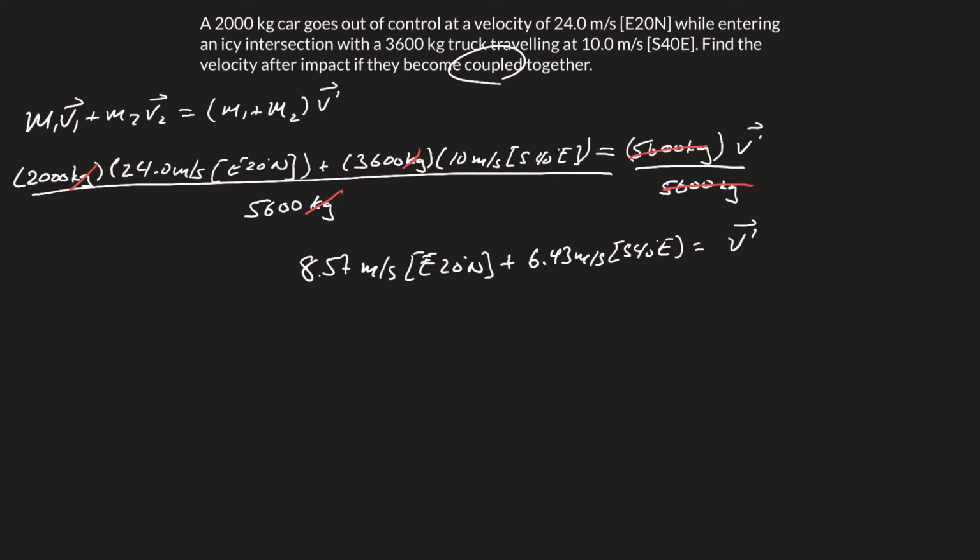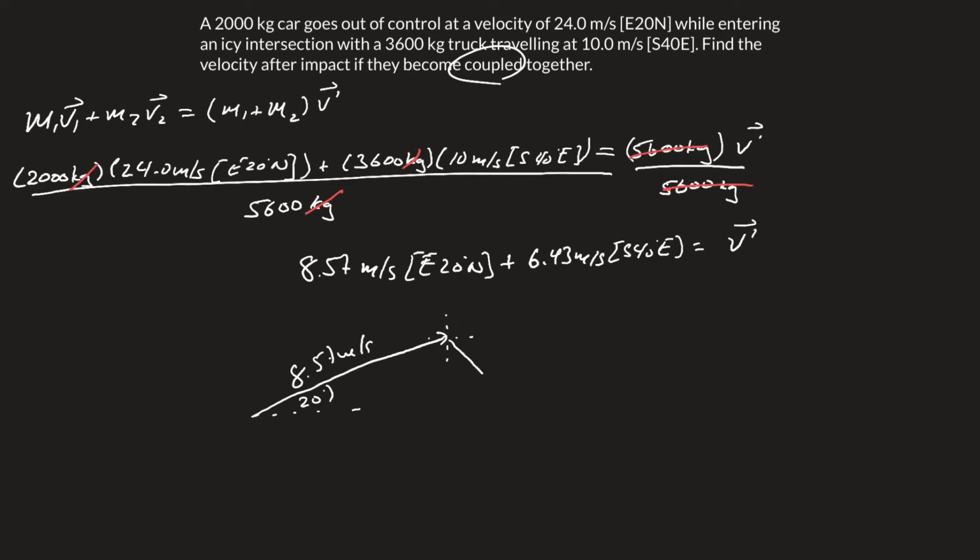So I can draw this pretty easily. So what you're left with here is your first vector, something like this. This is east 20 degrees north, and that's 8.57 meters per second. The second vector is going south 40 degrees east.